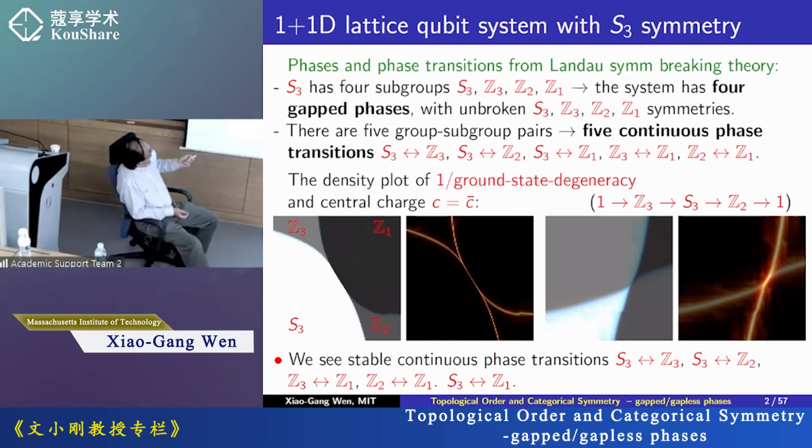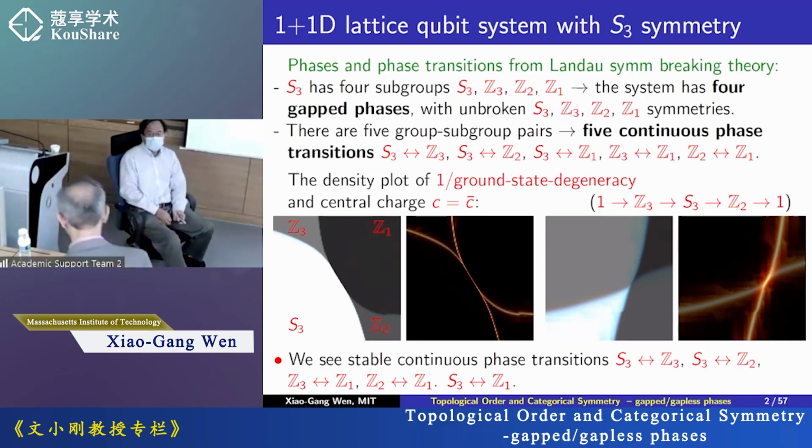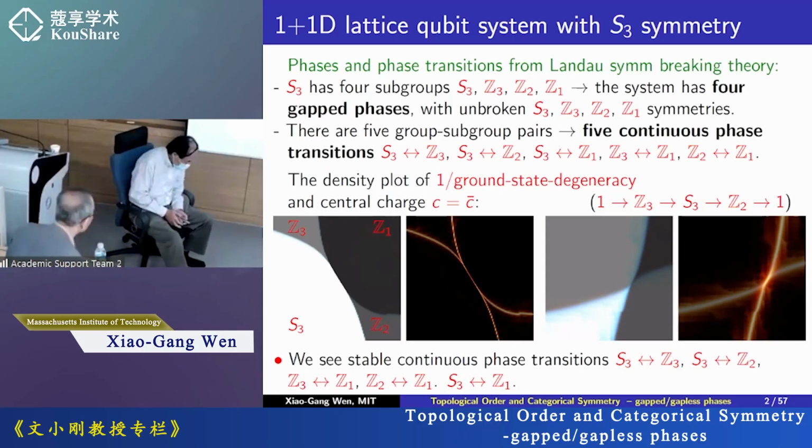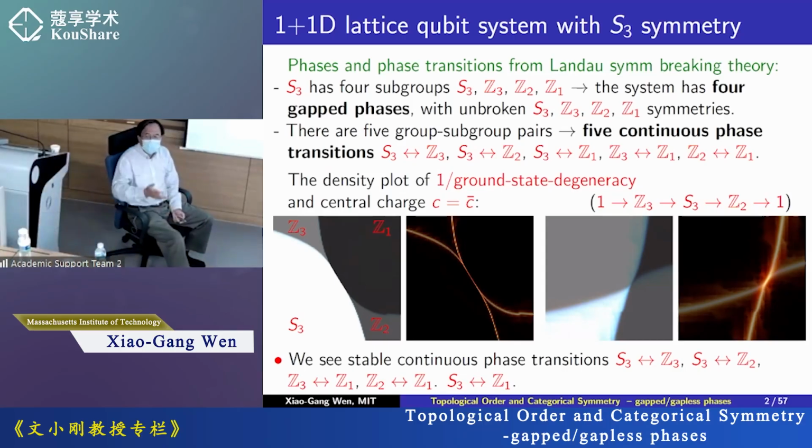We know that S3 has 4 subgroups: S3, Z1, Z2, and Z3. In the symmetry breaking phases, there are 4 symmetry breaking phases, which have unbroken symmetries given by S3, Z2, Z3, and Z1. So we use the unbroken symmetry to label those symmetry breaking phases. Because they're discrete symmetries, these are gapped states.